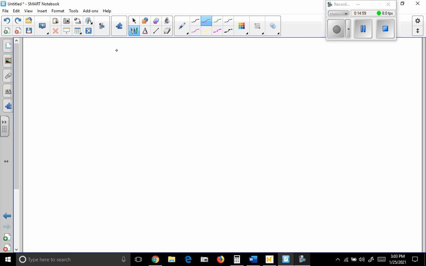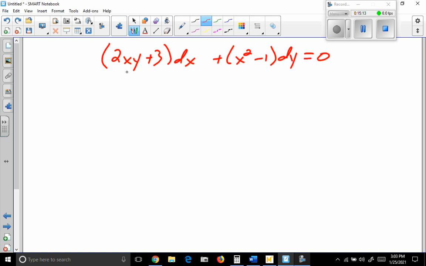So let's look at an example. Let's look at (2xy plus 3) dx plus (x squared minus 1) dy equals 0. So first of all, let's determine whether or not this is exact. So if it's exact, then this m has already had the partial done with respect to x, so we need to take the partial with respect to y.